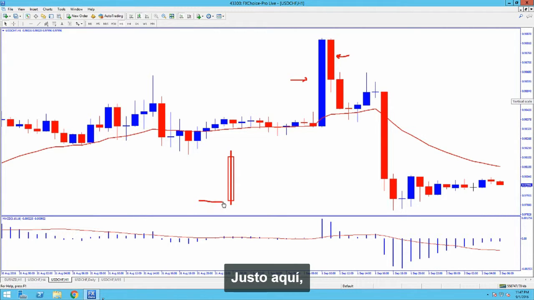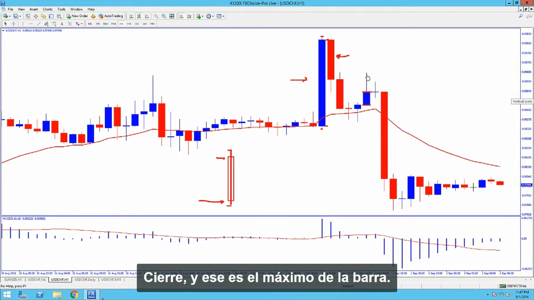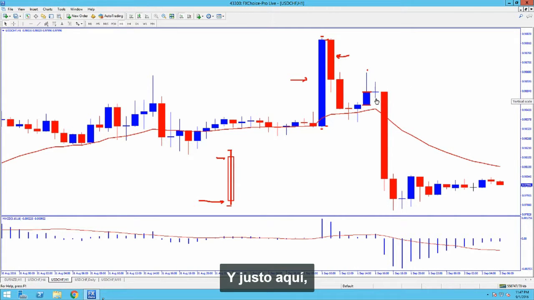Right here is the open, low, close, high, low, open, high, close. Open is the low, close, and that's the high of the bar. And this right here, open here, low, high, and close.